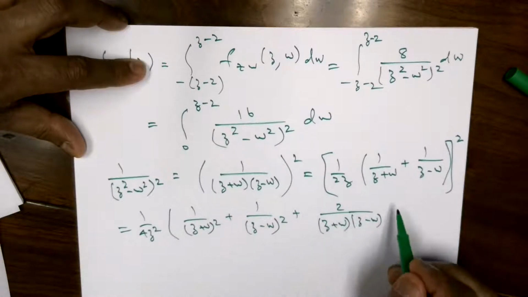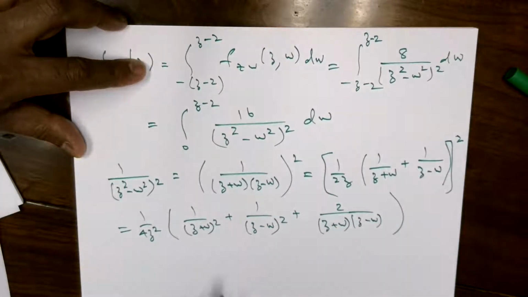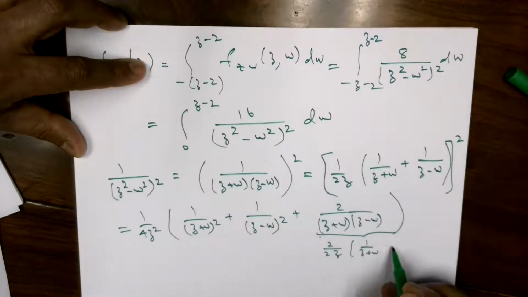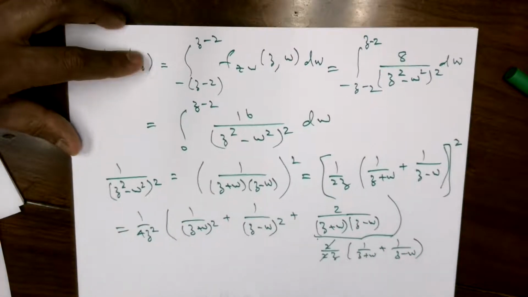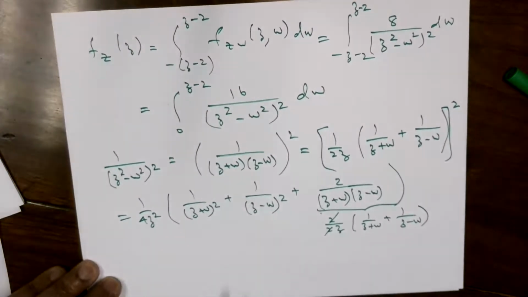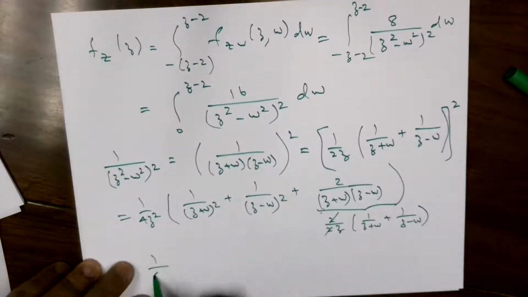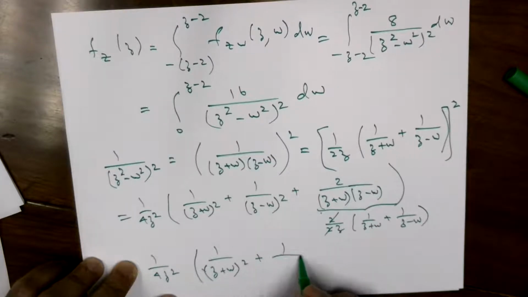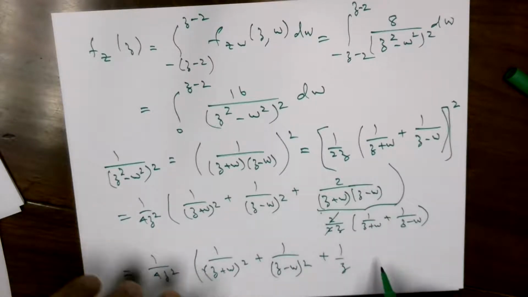I'm going to do the same thing on this one more time. Notice that this itself I can write as 2 divided by 2z, 1 over z plus w plus 1 over z minus w, because z plus w plus z minus w is 2z. So 2 cancels, and let me write all that here. 1 over 4z squared, 1 over z plus w, the whole squared, plus 1 over z minus w, the whole squared, plus 1 over z.